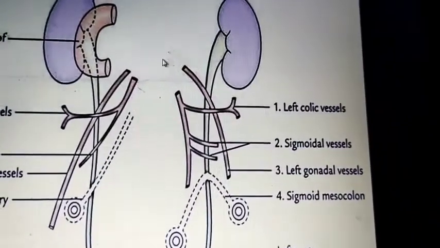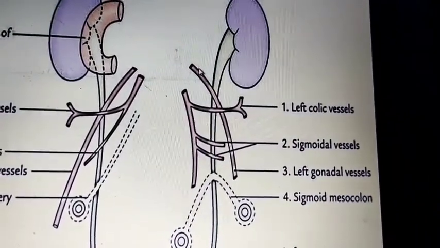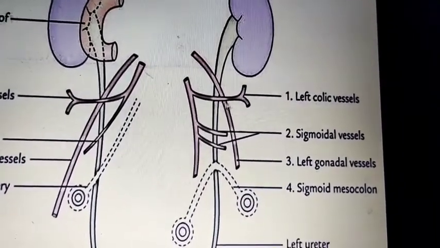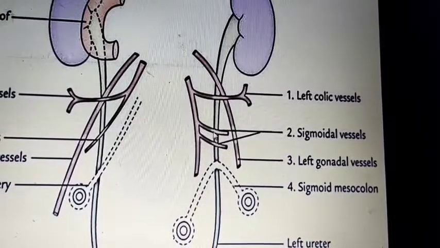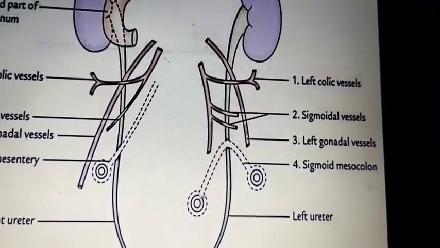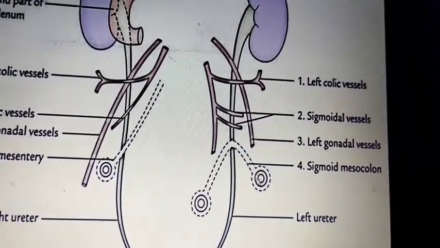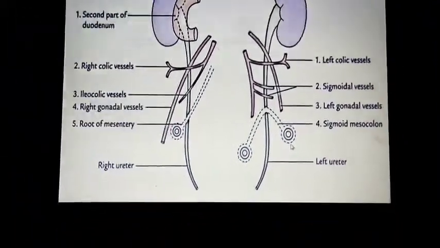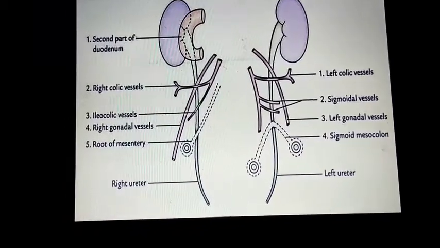On the left side, this is a gonadal vessel, this is the left colic vessel, these are the sigmoid vessels, and this is the sigmoid mesocolon. Like that are the anterior relations of the ureter.